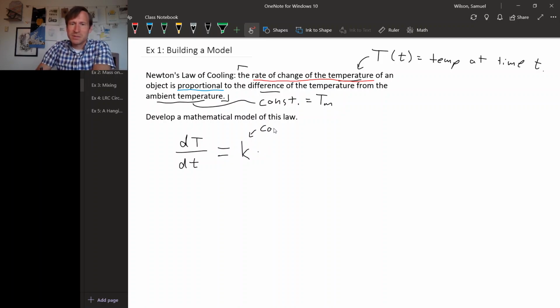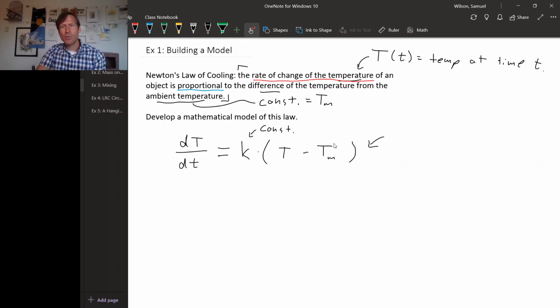We don't know what it is, but it is constant. So the rate of change is a constant times the difference in temperatures, the difference between the temperature of the object and the ambient temperature. Okay, so here's a differential equation that describes Newton's law of cooling.